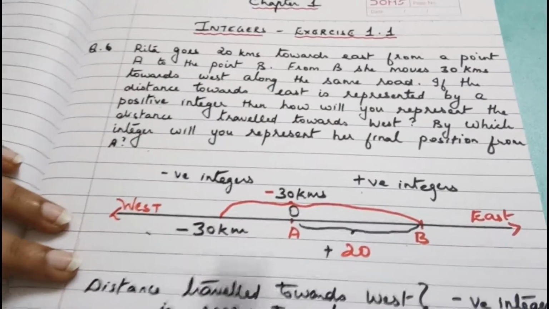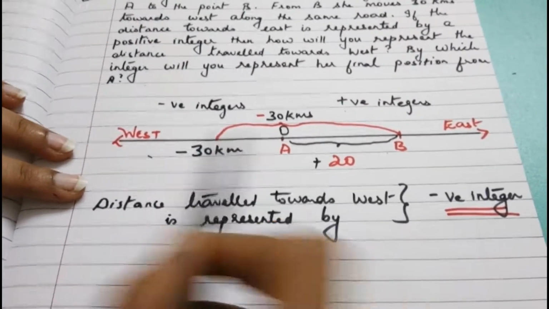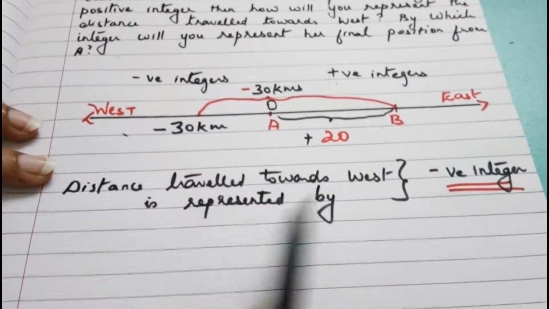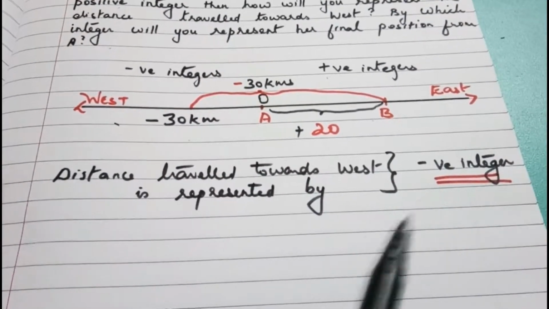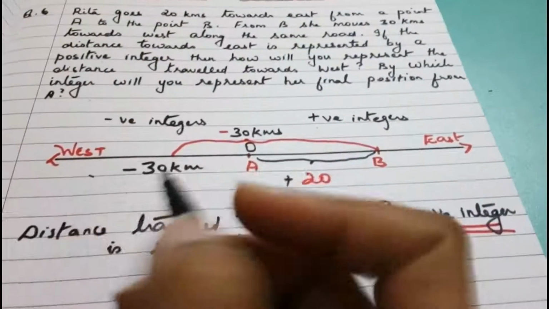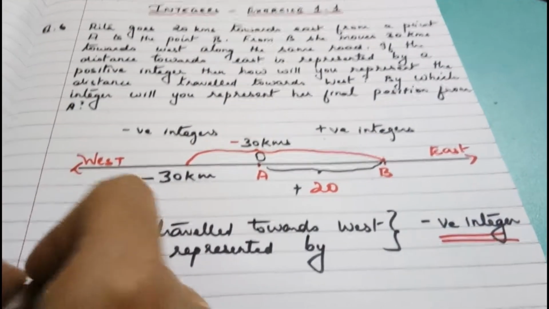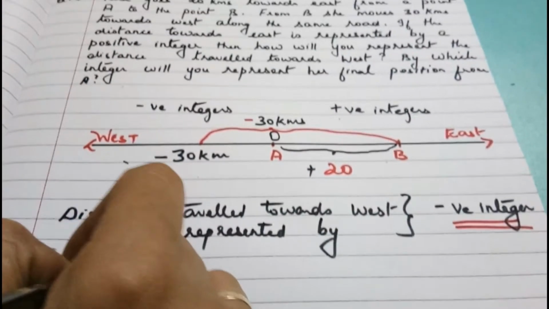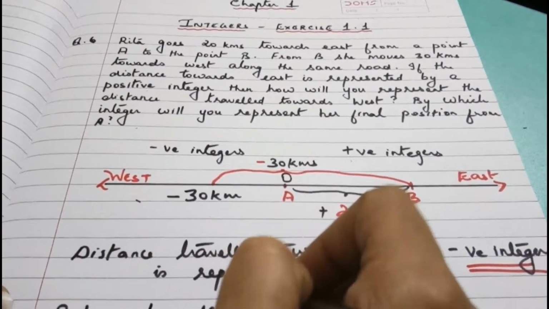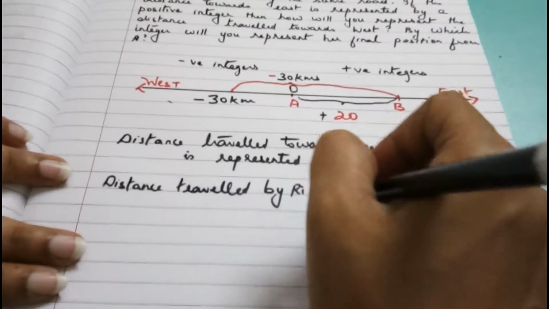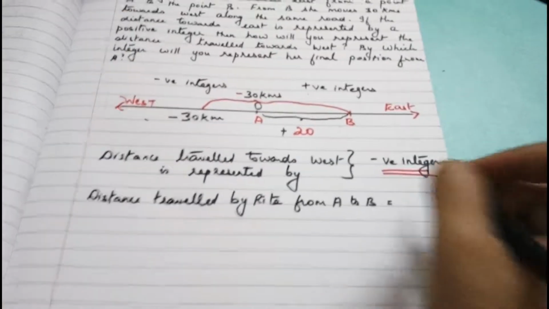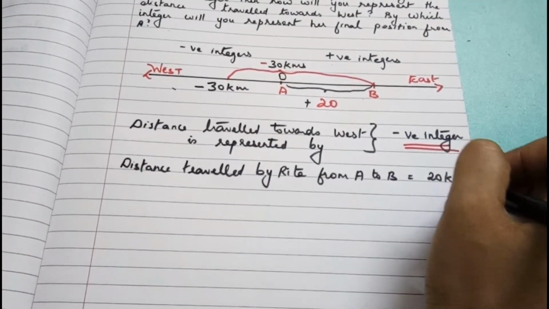So now let's calculate what will be the difference between the distance travelled and what will be the integer of the final position. Okay, so now let's start with the statement here. Distance travelled by Rita from A to B is equals to 20 kilometers.